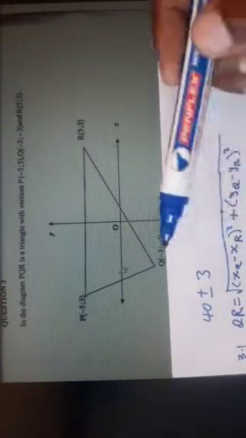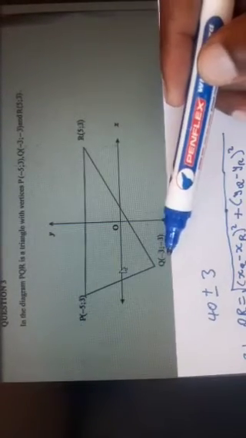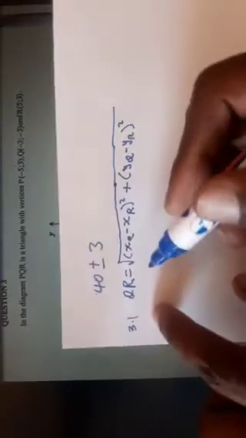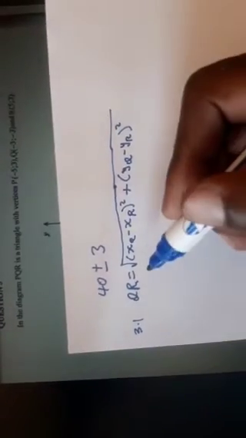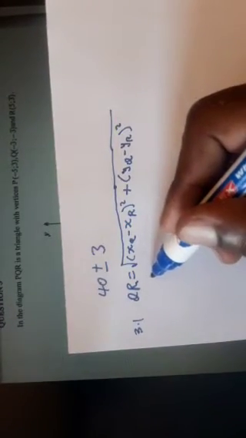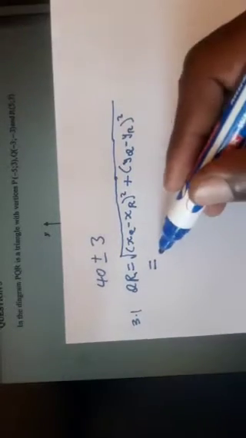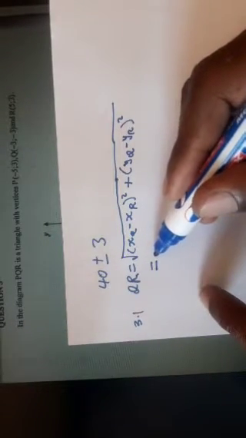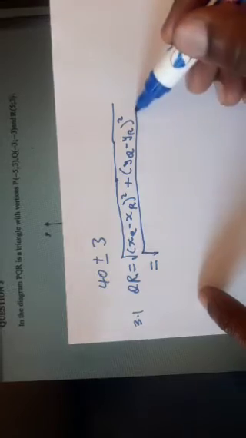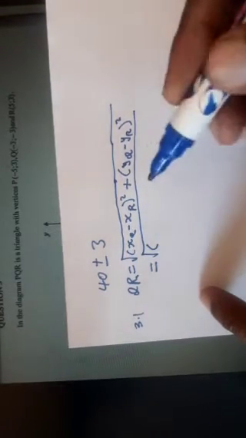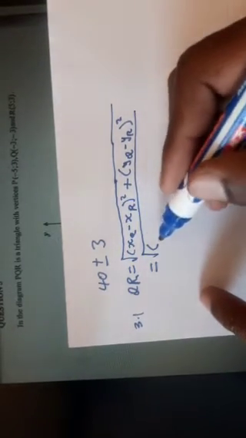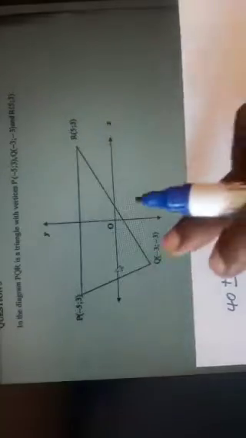Now we substitute the coordinates. We're looking for x at Q, so x at Q is minus 3.